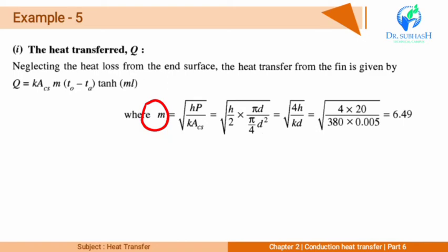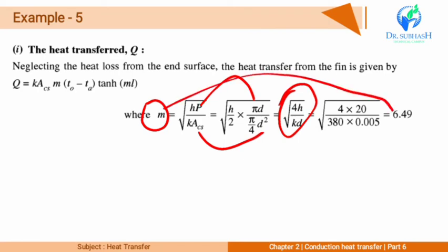Here the perimeter is equal to pi into D and the cross sectional area is pi by 4 D square. By simplification we get m equal to under root of 4 into H divided by K into D, where H is equal to 20 and D is equal to 0.005. So the value of m is equal to 6.49.